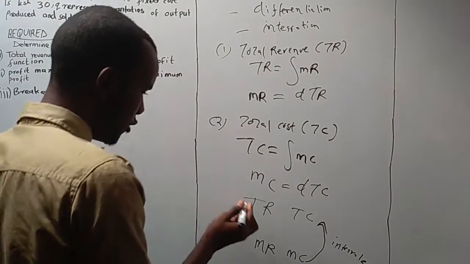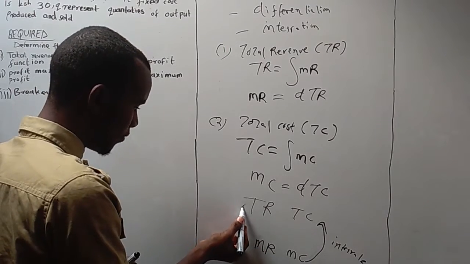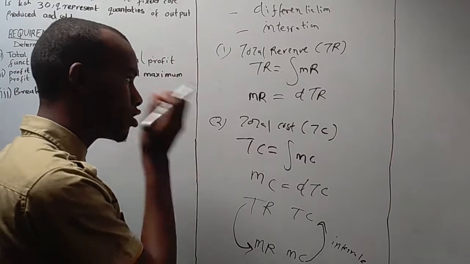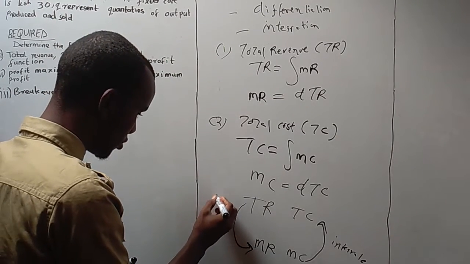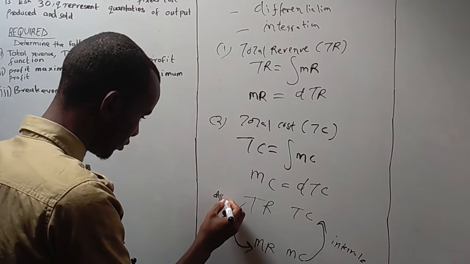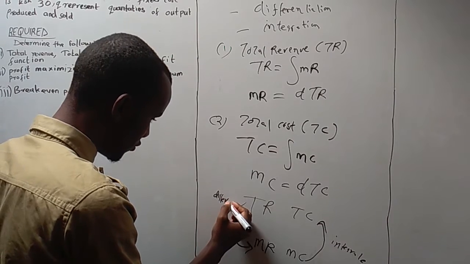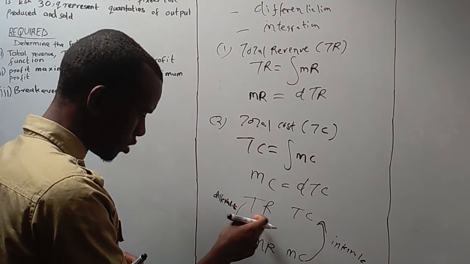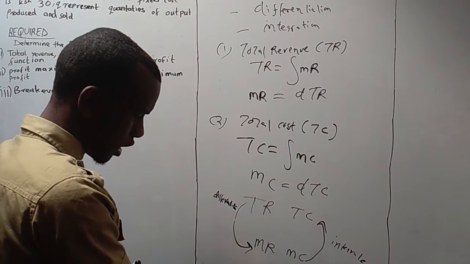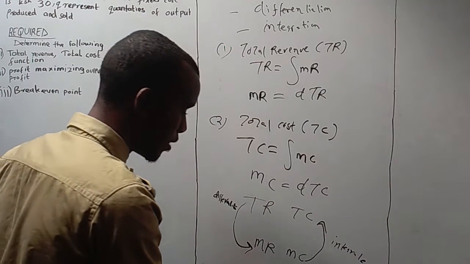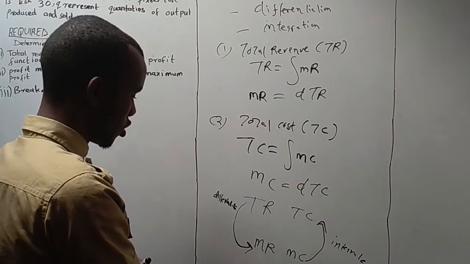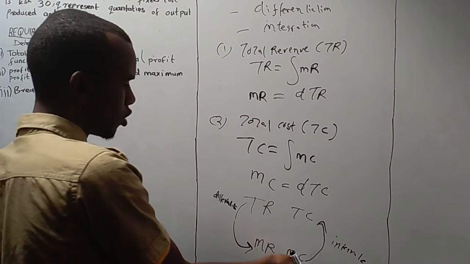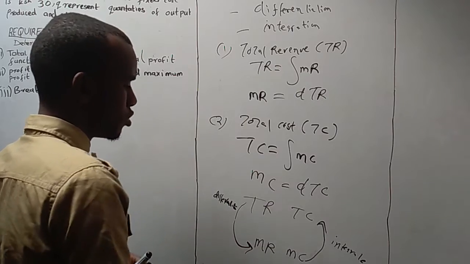But if we have the total revenue and the total cost and want the marginal revenue and the marginal cost, we differentiate. If you have the marginal cost and the marginal revenue, you integrate.